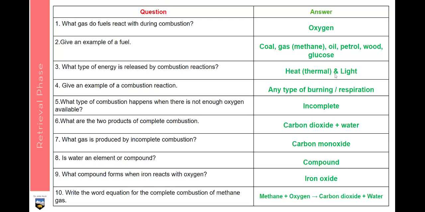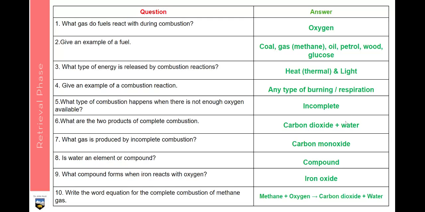We get heat and light energy from combustion. Remember, another name for heat is thermal energy. An example of a combustion reaction: any type of burning, or remember, respiration. When there's not enough oxygen, we get incomplete combustion.